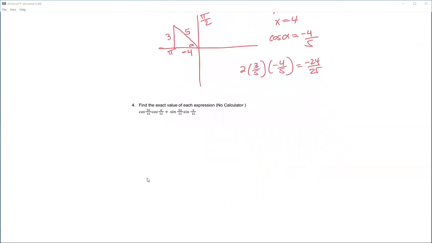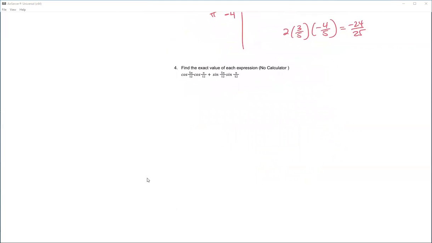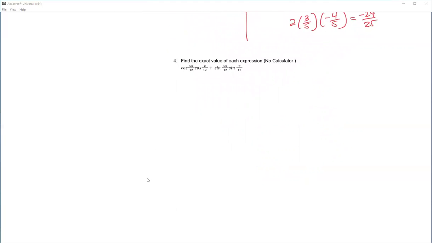Last but not least, if you look at the sum and difference angles right here, you'll notice that this is cosine, cosine, sine, sine, and there's a plus sign in between. So if it's cosine, cosine, sine, sine, we're using the cosine A minus B formula, right?